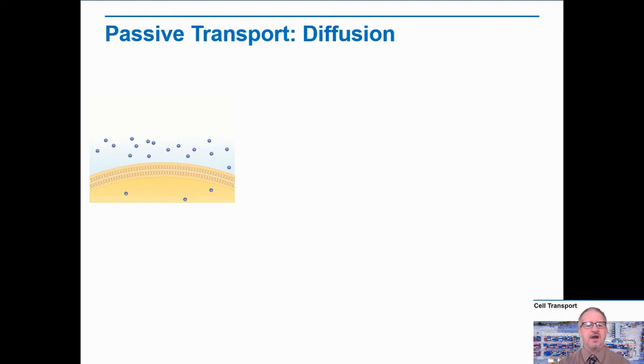Now, on screen here, we do have some images, right in this area here. And we have a cell membrane here. That's this track-looking portion of the image. And we've got some molecules on either side of the membrane.